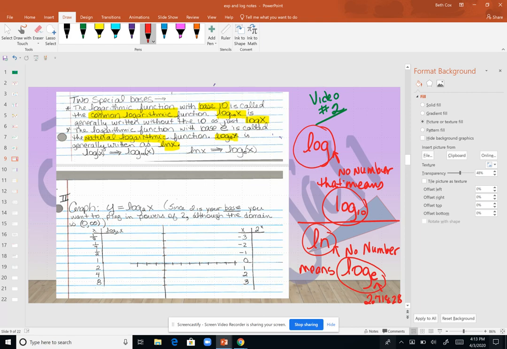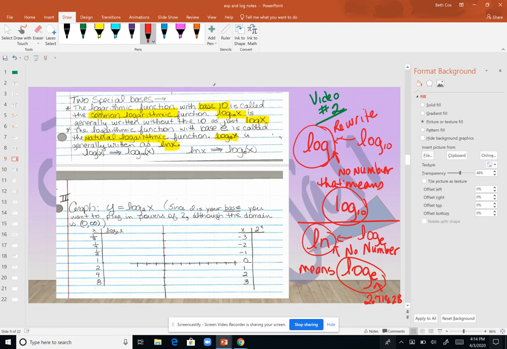But in this class, you have to know your base number for every L word that you see. So I'm going to rewrite every one of these as a log base 10. And I'm going to rewrite every one of these as a log base e.